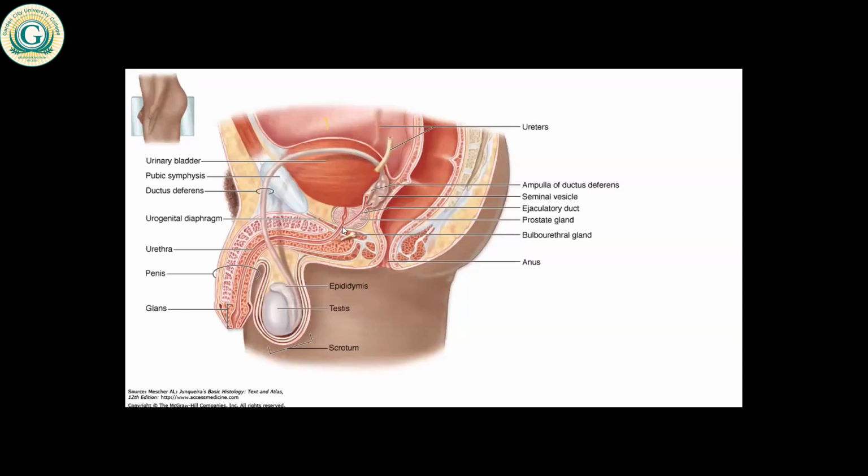Please look at the arrow. I'm not talking about the gland. I'm talking about the urethra that passes through the urogenital diaphragm. It is the part that contracts during sexual intercourse to prevent the urine from passing. So how do we call that urethra?